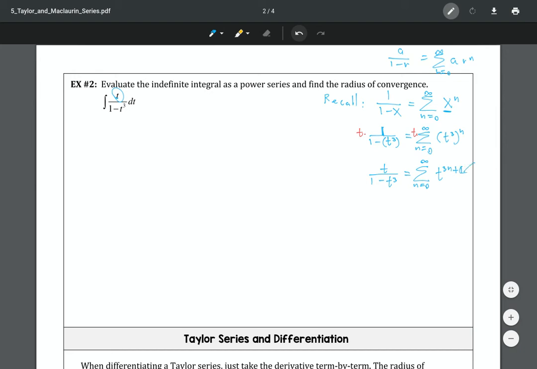So now, it says to evaluate the indefinite integral. So we do have to get an answer for this, so let's figure this out. The easiest thing to do is to take the antiderivative of this, which hopefully you can agree is a lot easier to take the antiderivative of.